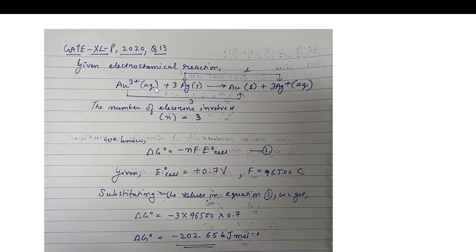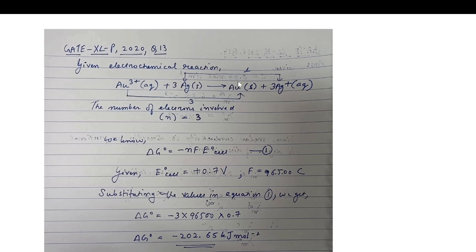Now calculate, for each of the reactants, the difference in oxidation state. Here the oxidation state of gold is 3 plus and here it is 0, right? So this is 3 plus to 0.